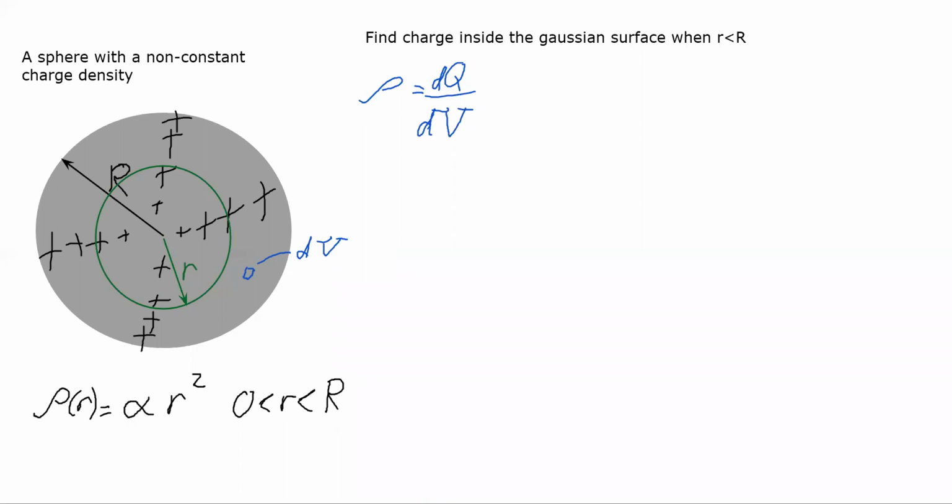That's my charge density at this very, very small, infinitesimally small volume. The reason I write it this way is because now I can rearrange it and solve for dq. So I get dq equals rho dV.